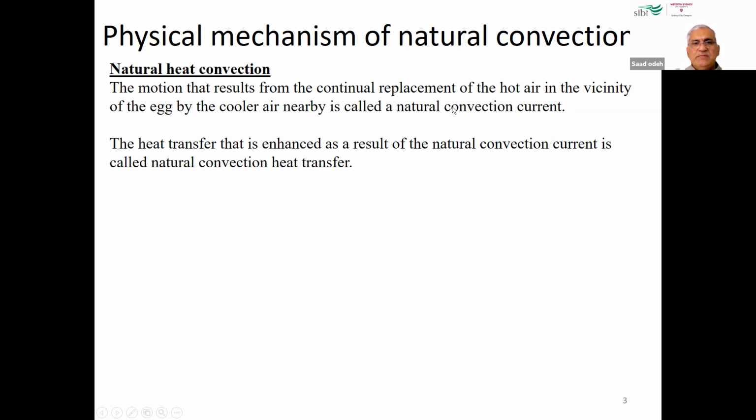The continual replacement of hot air by the colder air in the room is called natural convection. The heat transfer that is enhanced as a result of the natural convection current, we call natural convection heat transfer. So it's straightforward.